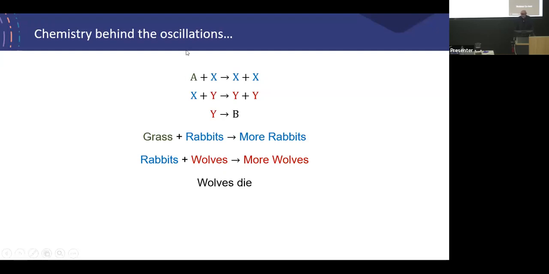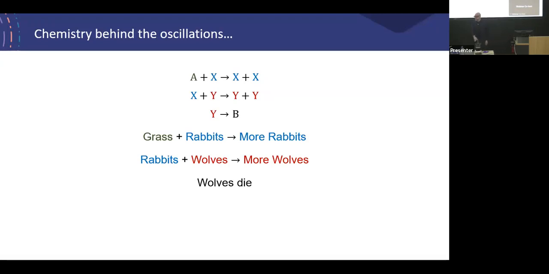What we should notice is that that kind of oscillatory behavior requires grass to be present at all times. If we remove the grass from this system, the rabbits will die. And if the rabbits die, the wolves will stop reproducing, and ultimately the wolves will die off. And what we'll be left with is dead wolves. This is essentially what will happen in our oscillating chemical reaction.